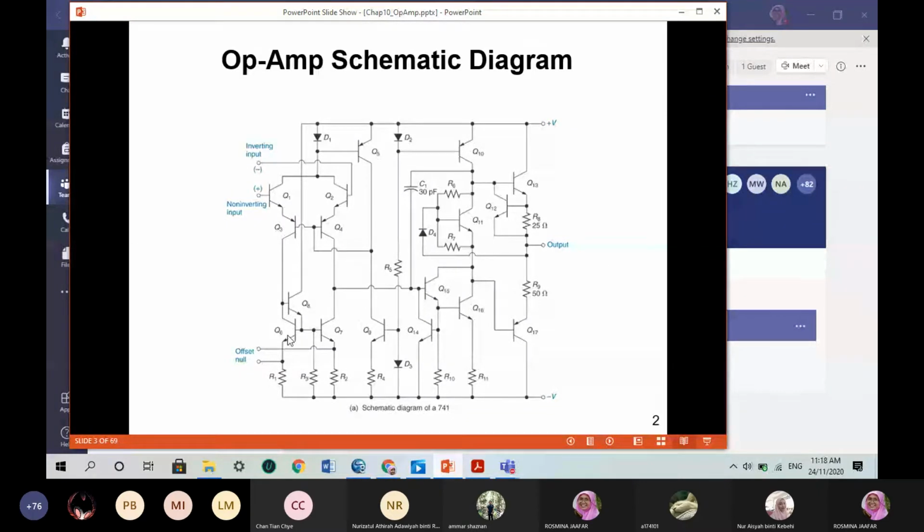But for the connection of the Opamp, you will only see a few legs that you are going to connect to make the Opamp functional. So despite having so many transistors inside the Opamp, we can always simplify the application of the Opamp itself.